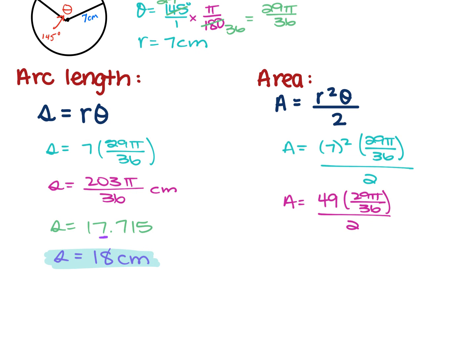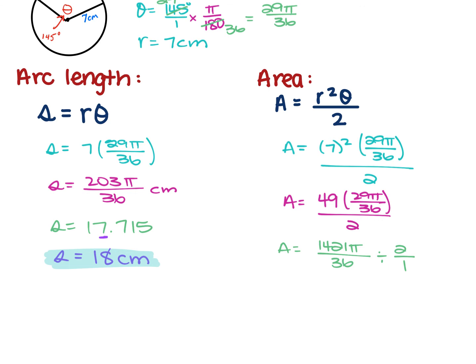So when you multiply that 49 times 29 pi, it's going to give you 1421 pi all over the 36, because remember that 49 is like 49 over 1. So if we write this using division, it's just the 1421 pi over 36 divided by 2, or 2 over 1.